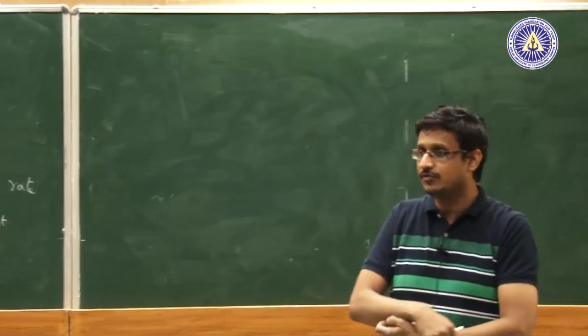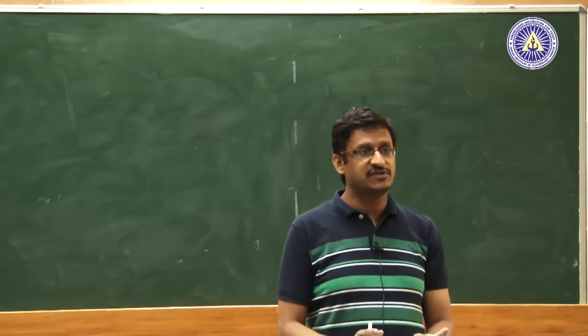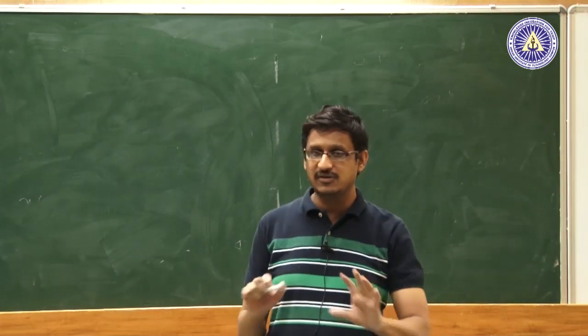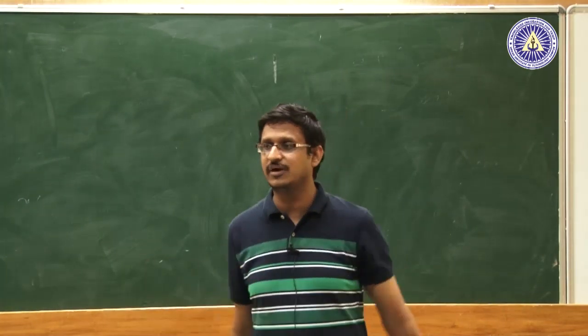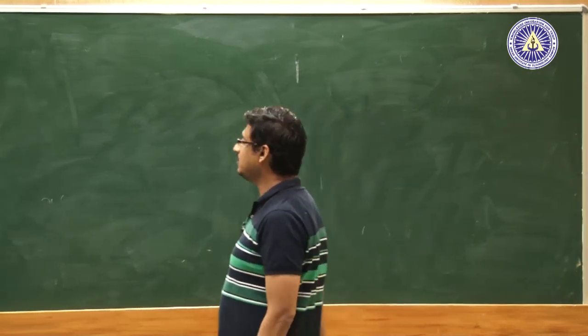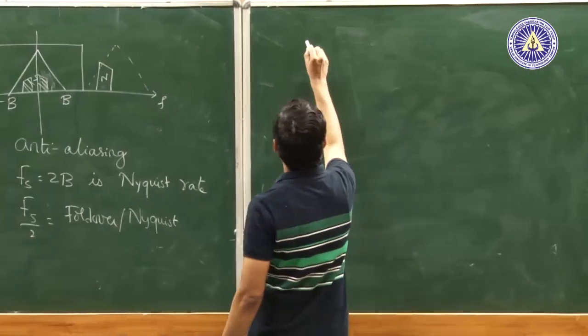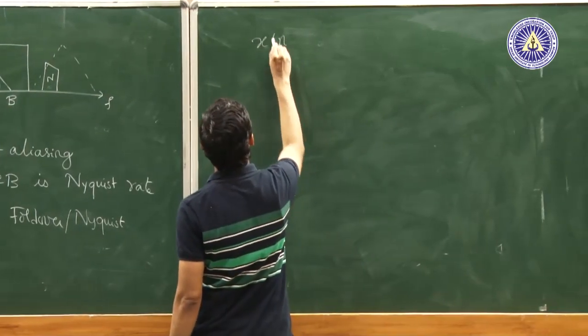This is a very important concept. You need to know what are the different frequency components that are present in the discrete time sequence or discrete time signal. Normally, when you talk of discrete time, you talk of sequence. So, I am just using the word discrete time sequence here. It essentially means the discrete time signal itself. Okay. So, suppose I have a discrete time signal.